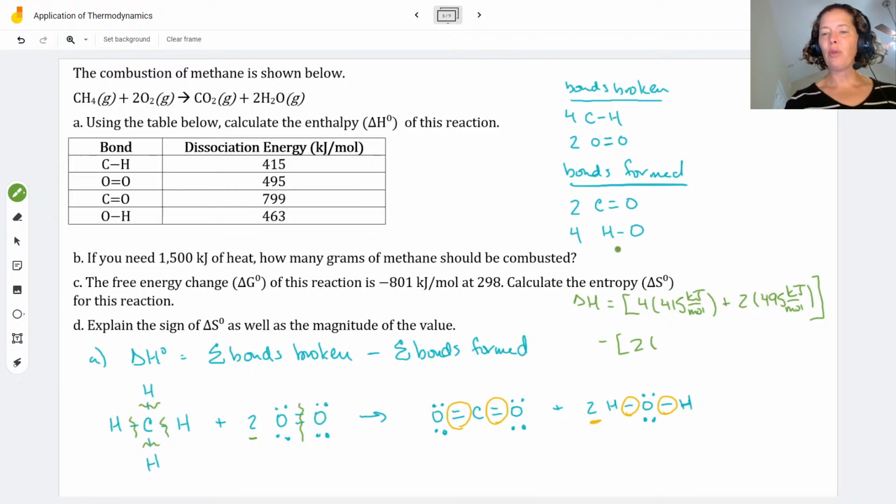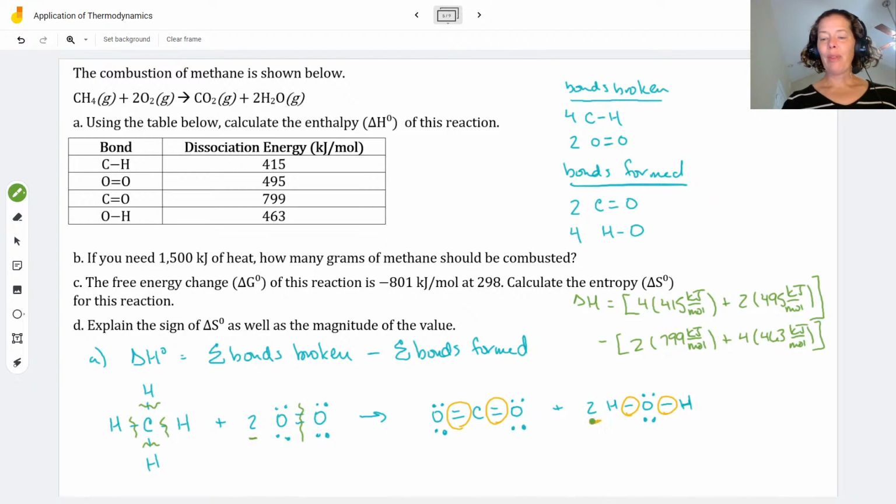Okay, so that's my bonds broken minus my bonds formed. I have 2 carbon-oxygen double bonds. Here we go, 799 kilojoules per mole. And I have 4 hydrogen-oxygen or oxygen-hydrogen bonds here, 463 kilojoules per mole. Again, these multipliers are obviously really important.